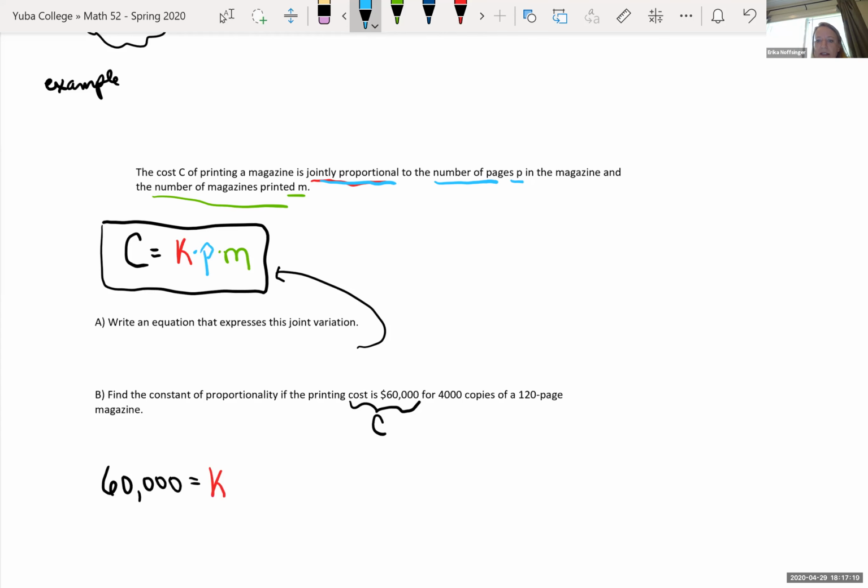P was the number of pages. It has 4,000 copies and a 120-page magazine, so P in our case is equal to 120. So K times 120 times the number of magazines. The number of magazines, M, was 4,000.